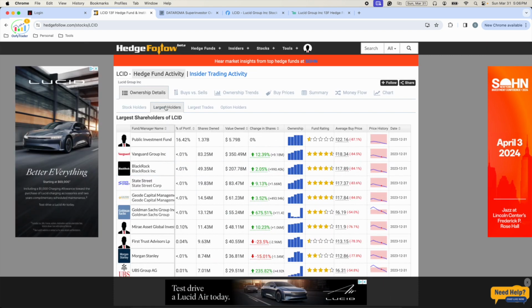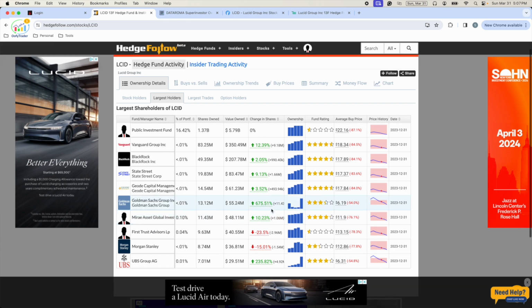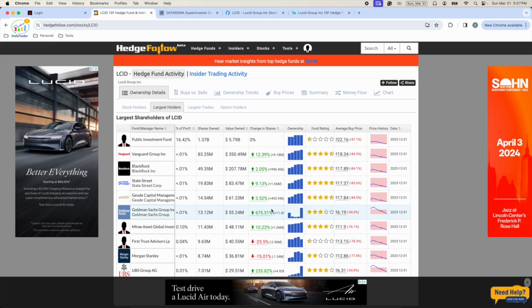And then who is having the largest position? See, Vanguard, BlackRock, Goldman Sachs, Morgan Stanley, they are still holding positions, but see, Morgan Stanley changed the percentage, and this guy also changed the percentage. So that means they are not feeling confident in this stock, or maybe they are reducing, averaging somewhere.